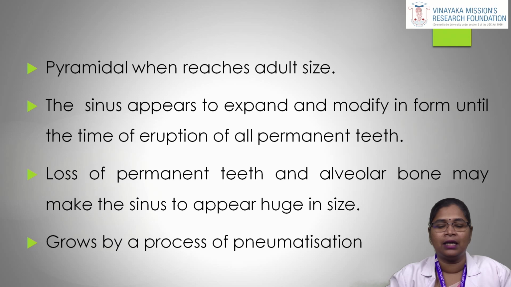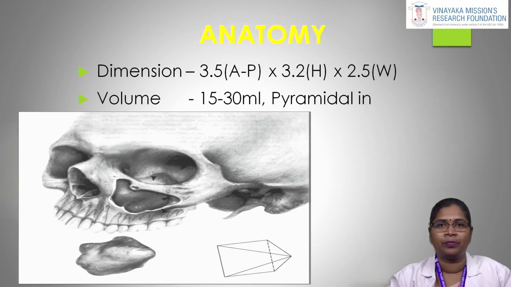The sinus is described as a four-sided pyramid, the base of which is facing medially towards the nasal cavity and the apex of which is pointed laterally towards the body of the zygomatic bone. This is the base of the maxillary sinus, the apex of which is pointing towards the zygomatic bone.